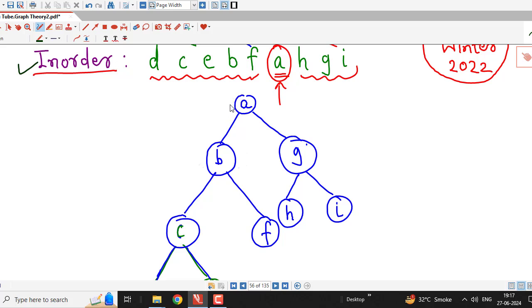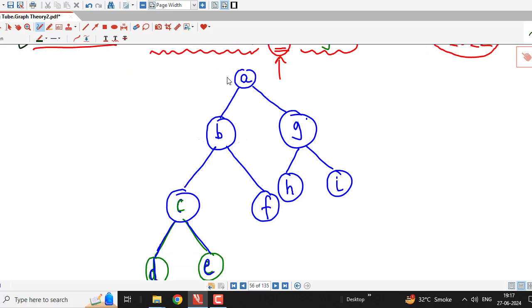If I want to write down the in order, pre-order and post order traversals for this tree, then first I will consider these lines. This is for pre-order, this is for in order, and this is for post order.